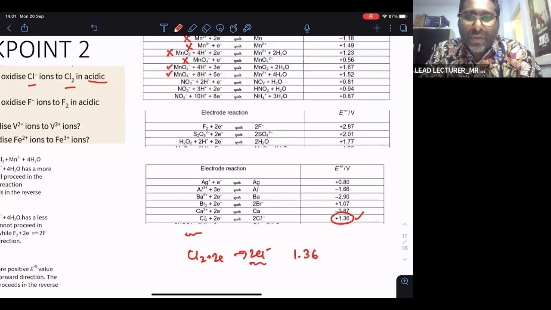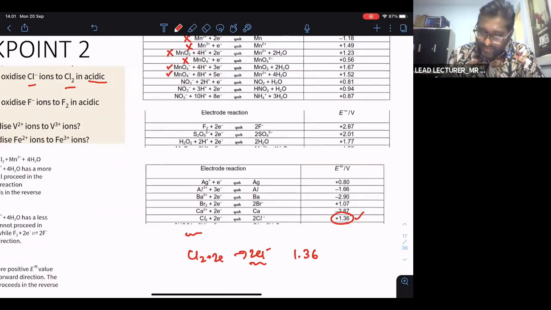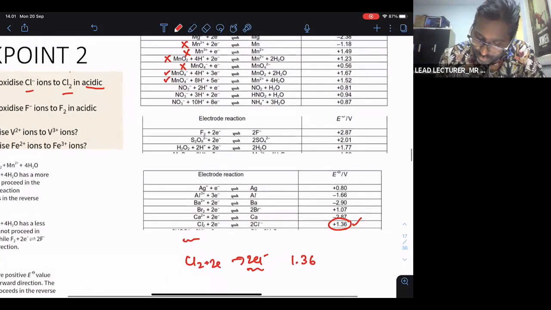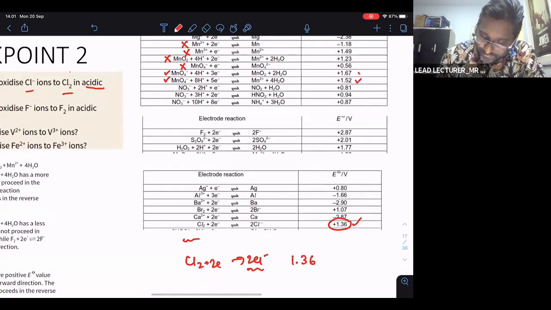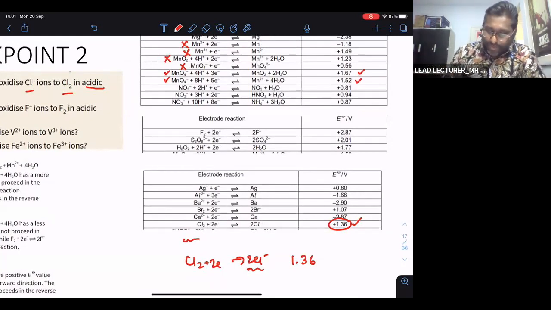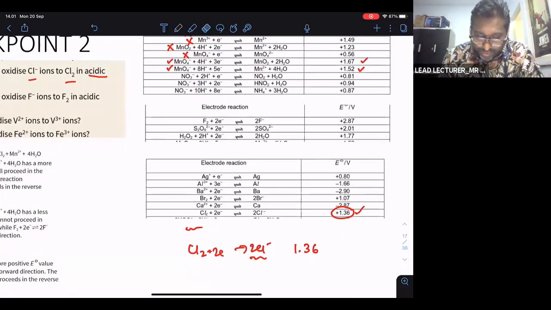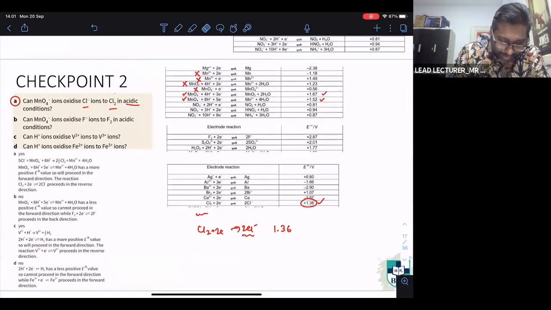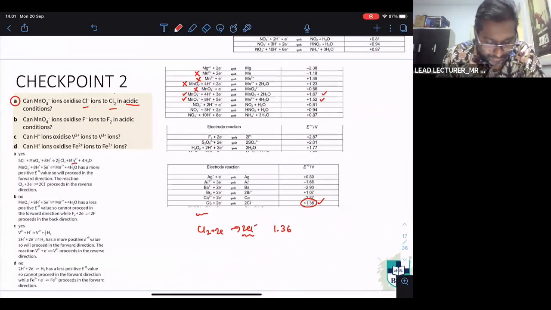If it is greater than 1.36, you can use this, you can also use this, no problem. If you want to write down an example, they have used the one that will give you Mn2 plus.